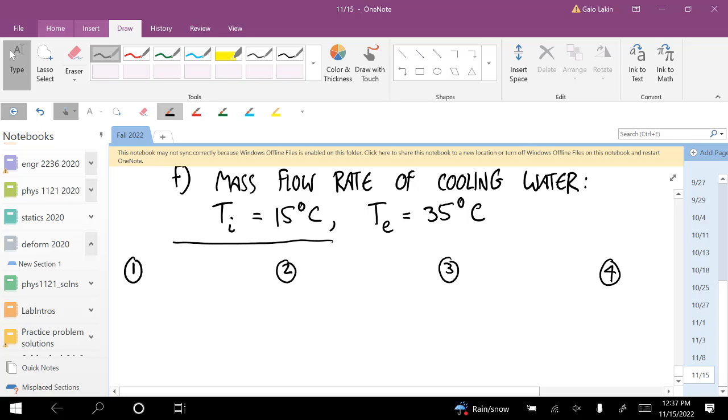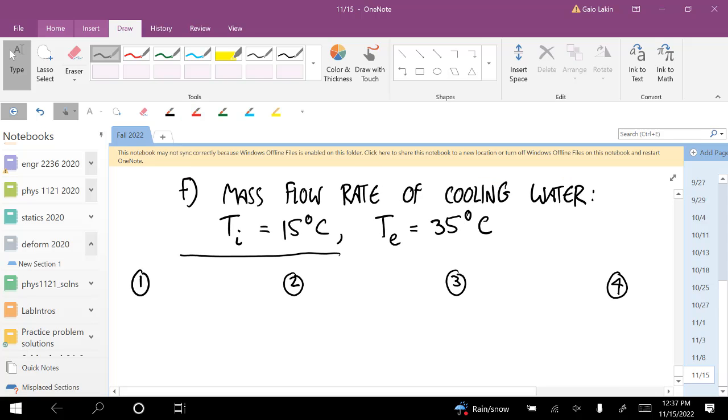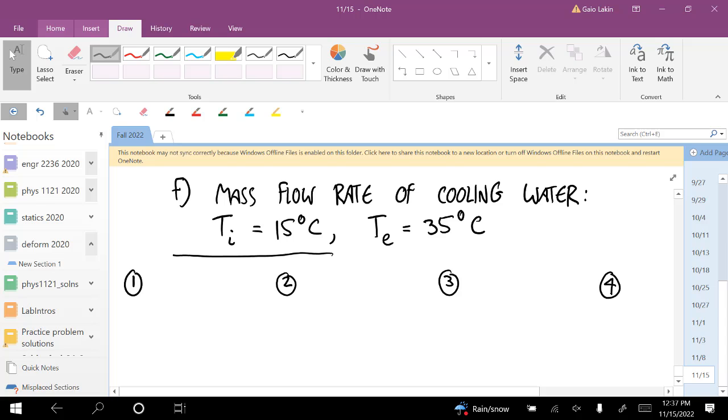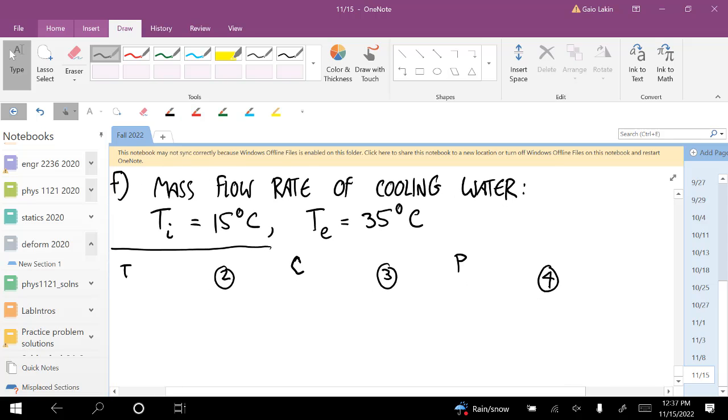Okay, and I'm just going to fill in the stuff that we're given and the stuff that we know based on assumptions. Between 1 and 2, that's the turbine. Between 2 and 3, that's the condenser. Between 3 and 4, that is the pump. And then 4 and 1, I guess I'll write it over here, that's the boiler.